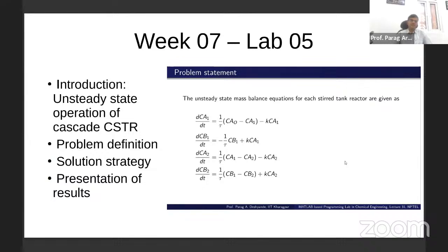So then you see this problem remains a dynamical problem which involves first order ODE, but not one ODE, rather four ODEs. Right? So when you have four ODEs, you need to solve these four ODEs simultaneously.